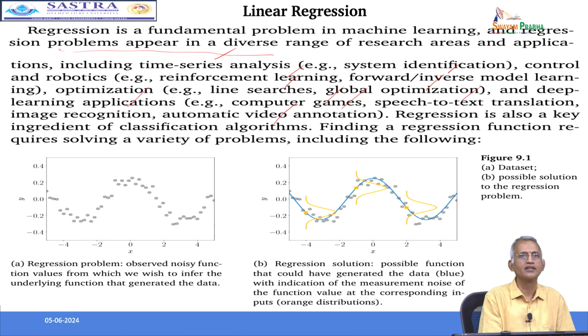Finding the regression function requires solving a variety of problems, including the following. Number 1, a data set, and number 2, a possible solution to the regression problem.